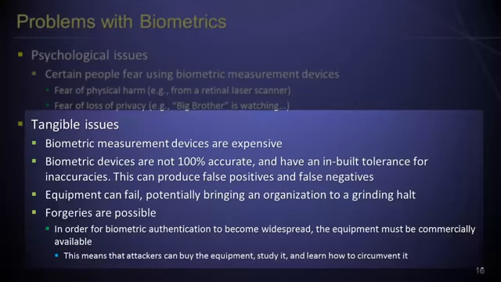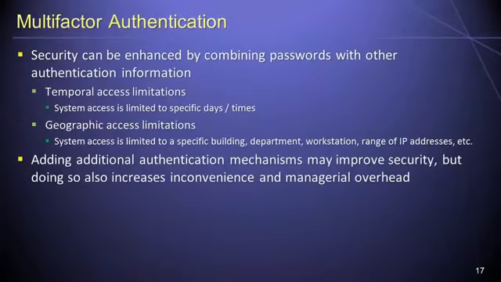But more broadly speaking, in order for biometric authentication to become widespread, the equipment for conducting biometric authentication must be made commercially available. This means that would-be attackers can simply purchase the equipment, study it, learn how it works, and in the process, learn how to circumvent it.